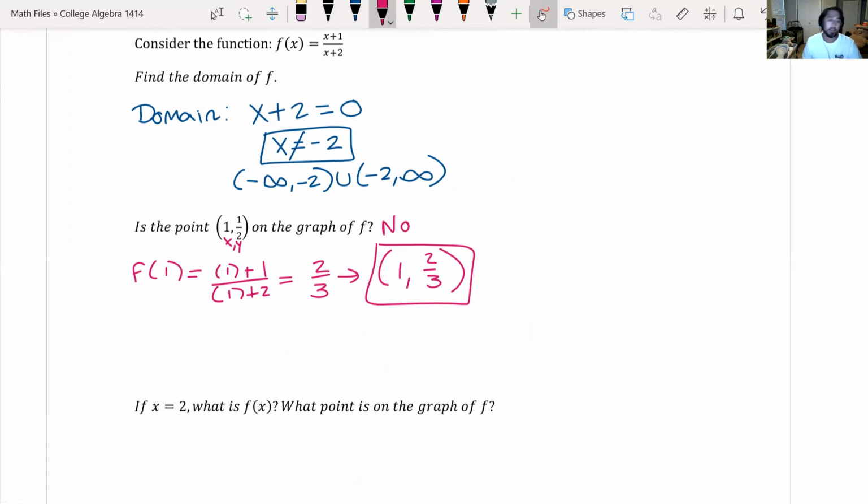Okay, 3. If x equals 2, what is f of x? And what point does that make on the graph? Simple enough. Plug in 2 and find the value of f of x.